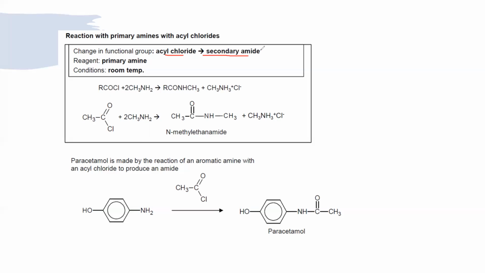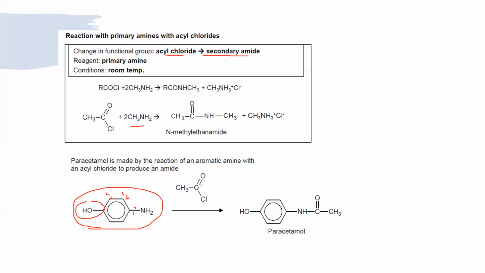This is how paracetamol is made. Paracetamol is made by the reaction of aromatic amines with acyl chloride. The same way the reaction occurs. You can see here, this is the same concept. We have 1, 2, 3, 4, so it's 4-hydroxyphenylamine.